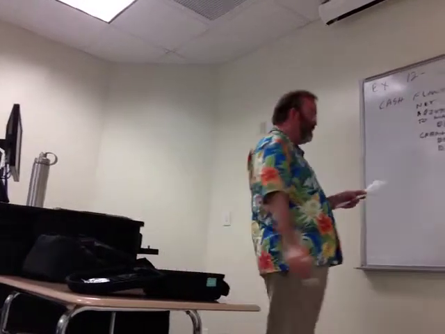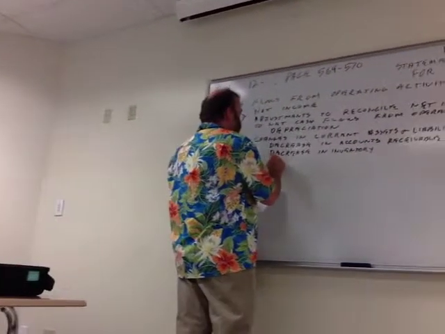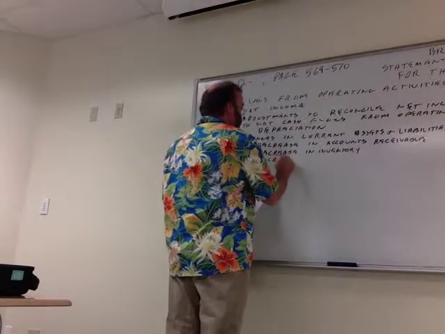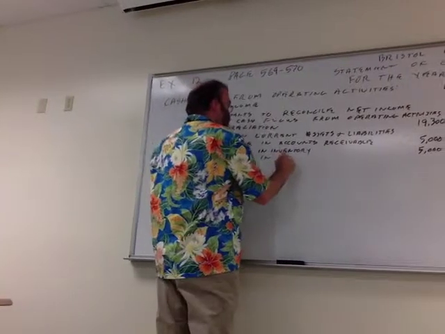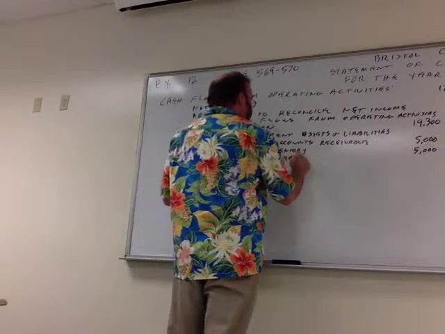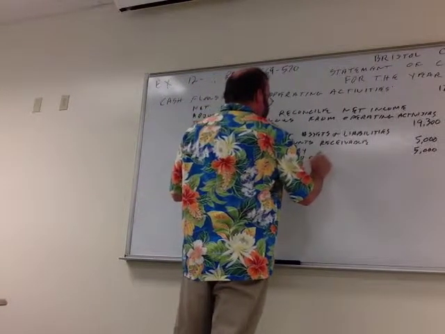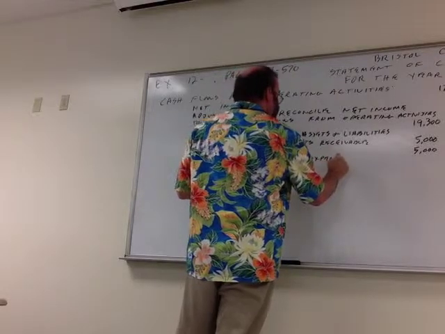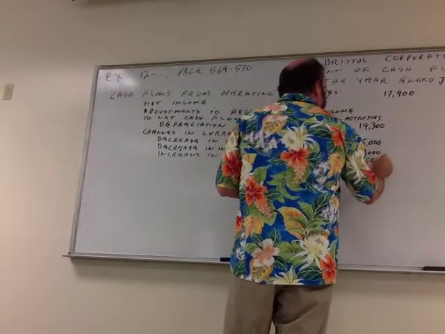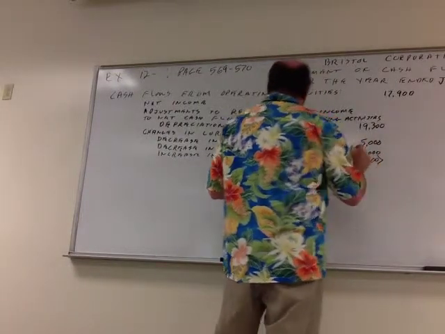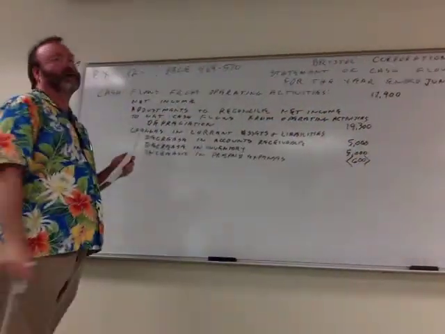And lastly, prepaid expenses, $3,200 at the end of the year, $2,600 at the beginning. We had an increase in prepaid expenses of $600. So if it goes up, cash goes down.